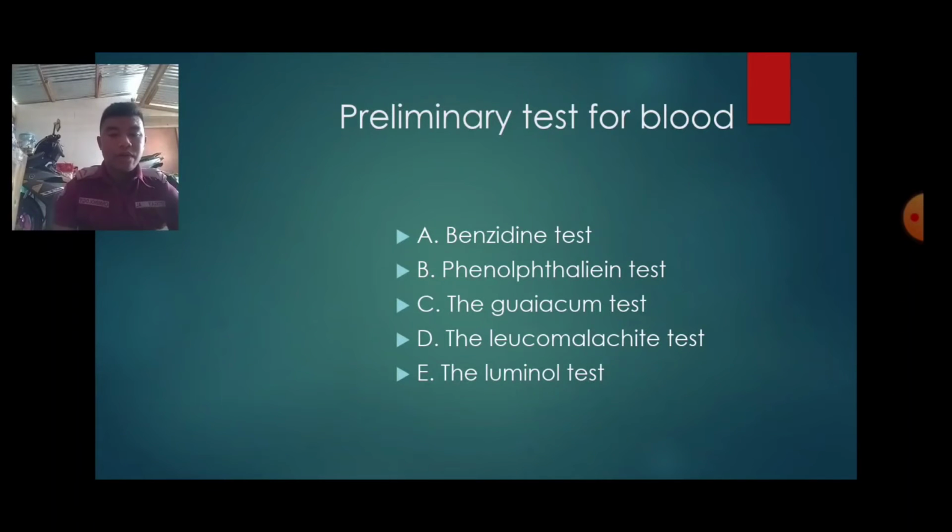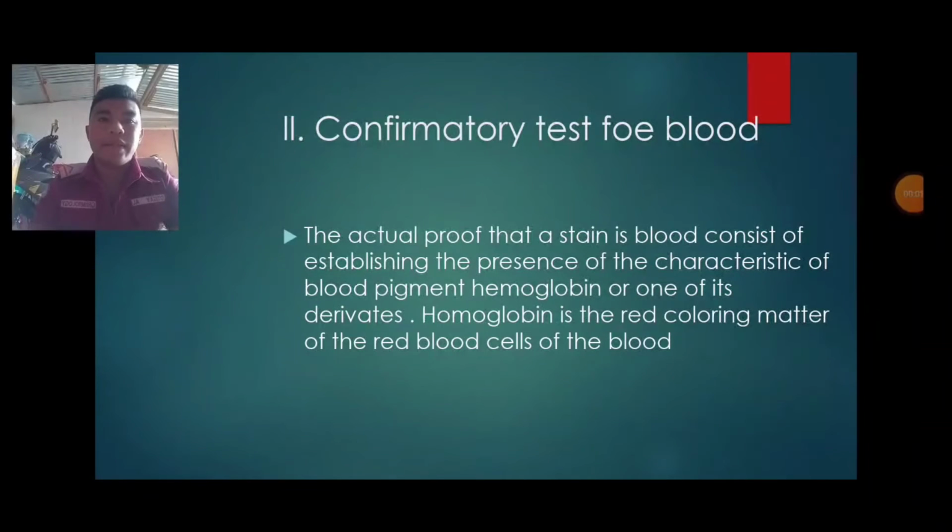Confirmatory tests for blood. The actual proof that a stain is blood consists of establishing the presence of the characteristic blood pigments, hemoglobin, or one of its derivatives. Hemoglobin is the red coloring matter of the red blood cells.